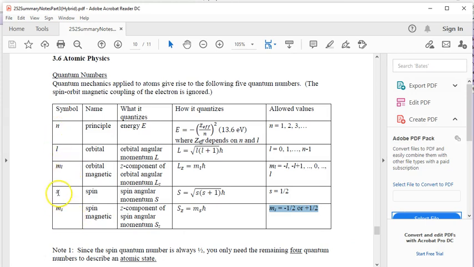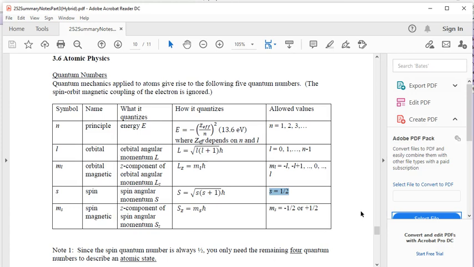But because this little s, the spin quantum number, can only have the value of 1/2, people tend to forget about it. They say you just need 4 numbers to define an allowed state: n, l, m sub l, and m sub s. There really are 5, but because s never changes, people don't worry about it.